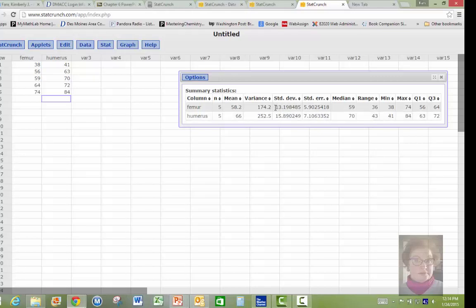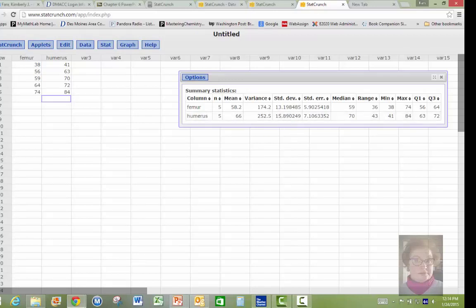On average the femur will be 13.2. And remember, we take our statistical numbers one place value more than our data. And since our data was to the nearest 1, we're going to take the numbers to the nearest tenth.